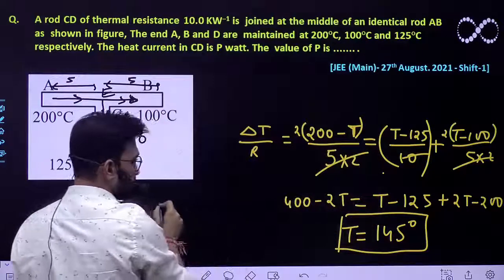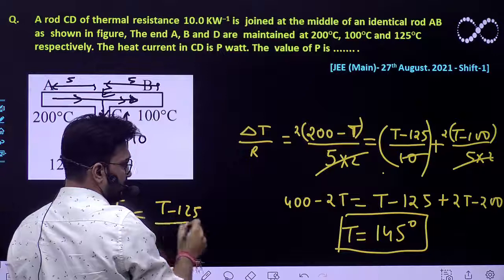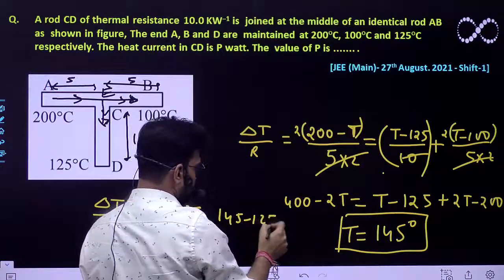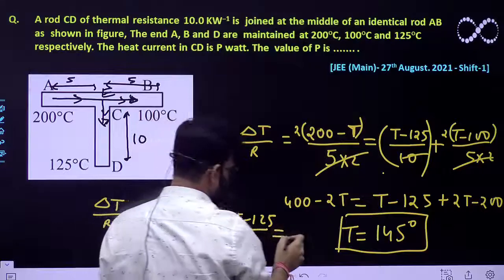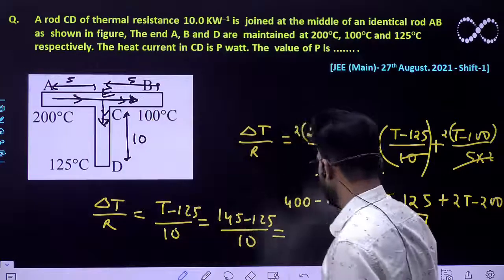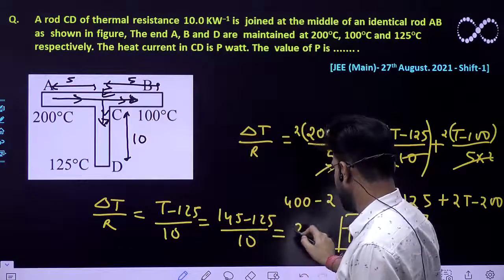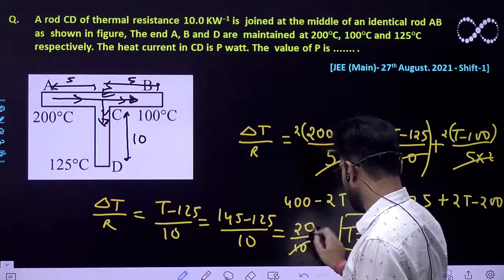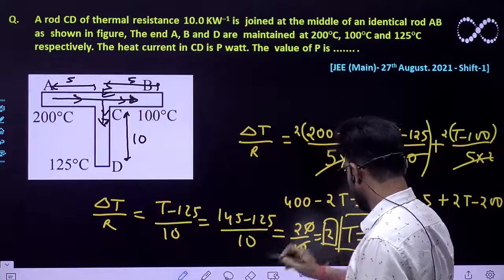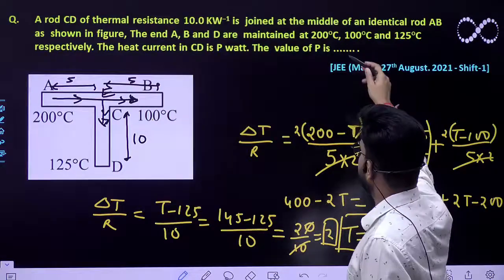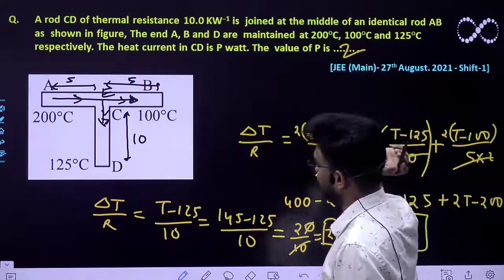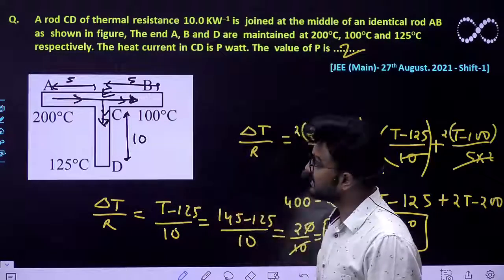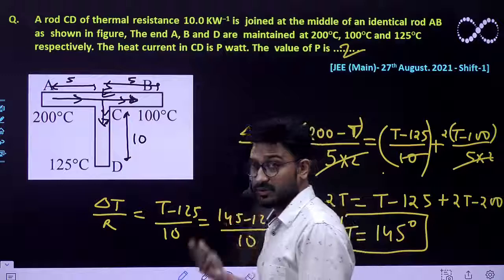So it would be equivalent to (145 minus 125) by 10, which is 20 by 10. So finally our answer comes out to be 2 watt. That means the heat current supplied in the portion CD must be equal to 2 watt.